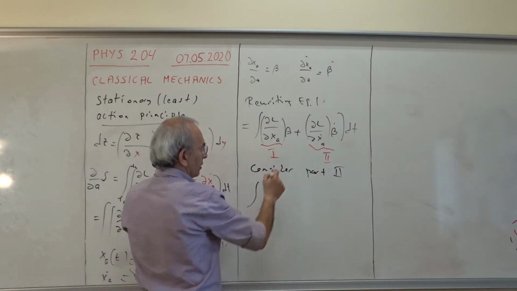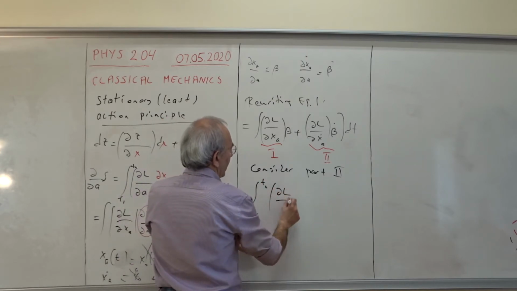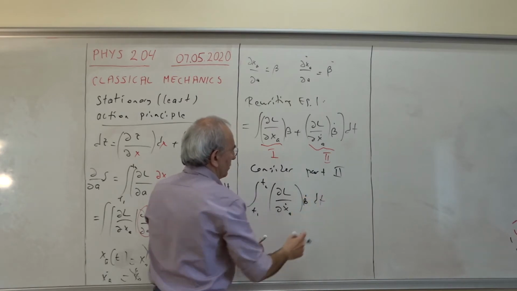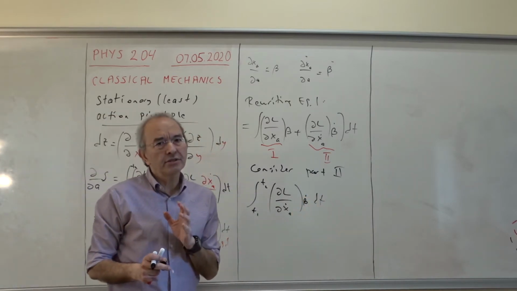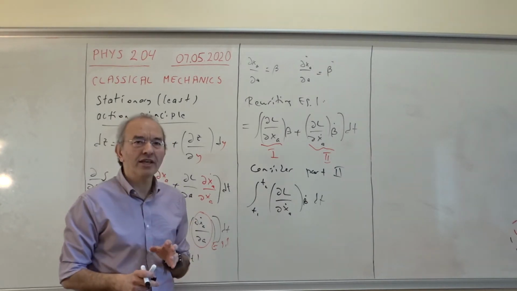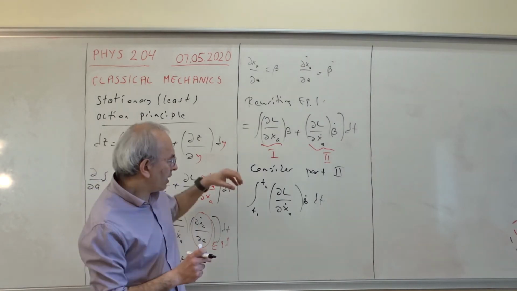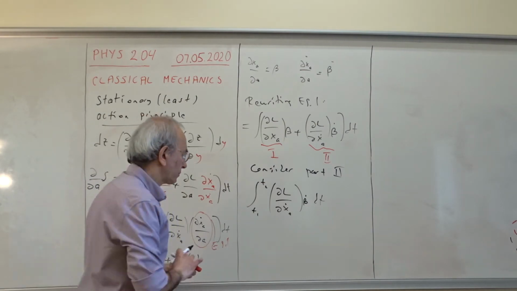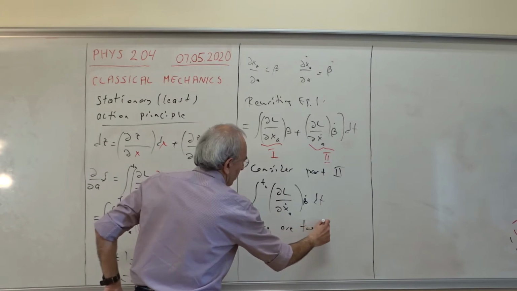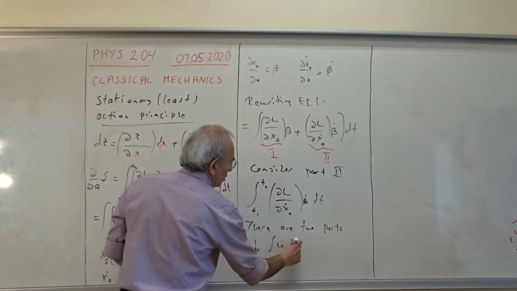This is an integral between times t1 and t2, and we have del L by del xa dot multiplied by beta dot and dt. It is not very easy to see at the beginning, I'm sure, but if you look at it more carefully, it reminds us of integration by parts, because there are two parts basically, like integral u dv.